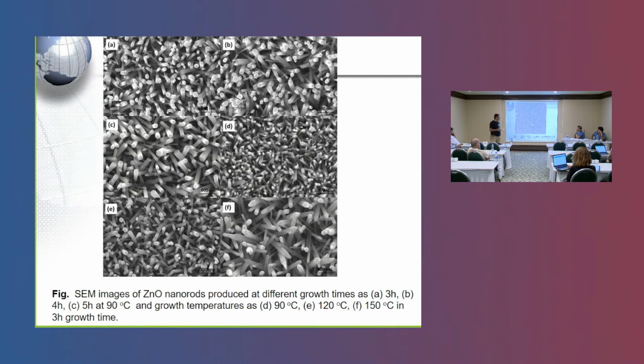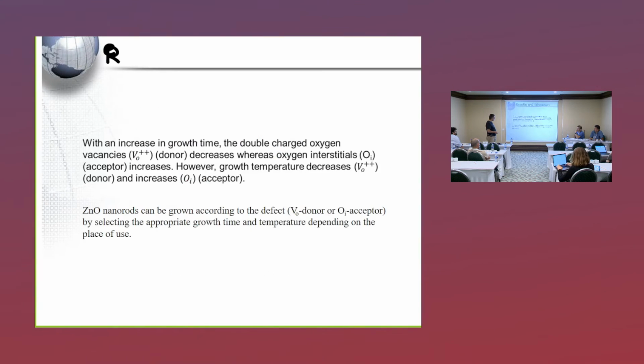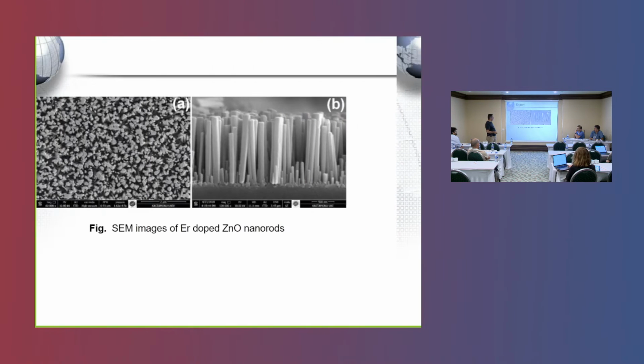This is the result of the scanning electron microscope from the top surface for the different temperatures and growth times. I didn't put the cross section here, but I will move a little bit down. I'm sorry, where is this? Yeah, look here.